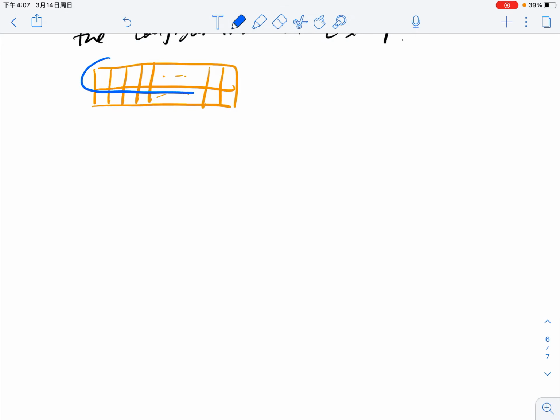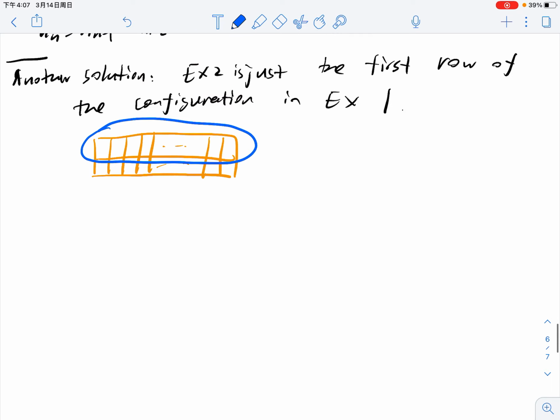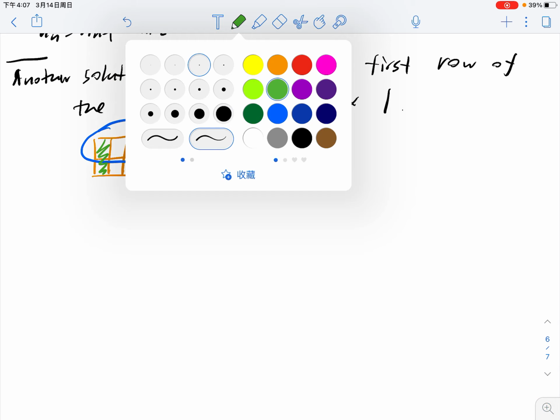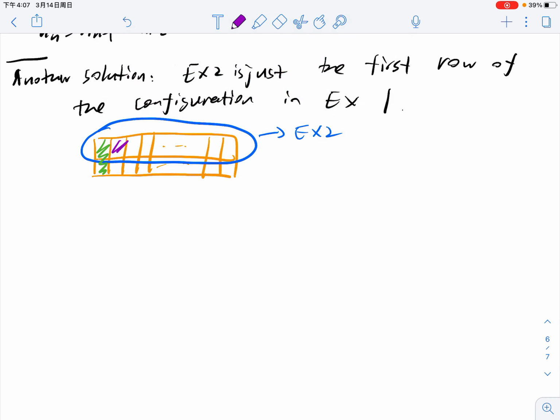And now if you look at the first row, that corresponds to the question in example 2. For example, you have this, and you have this.